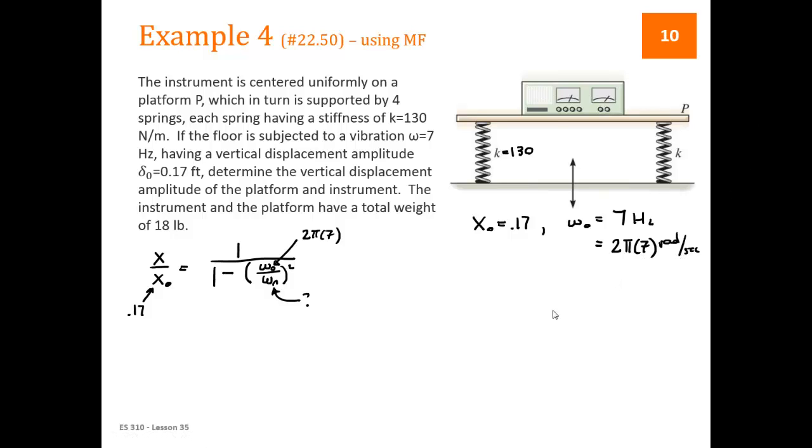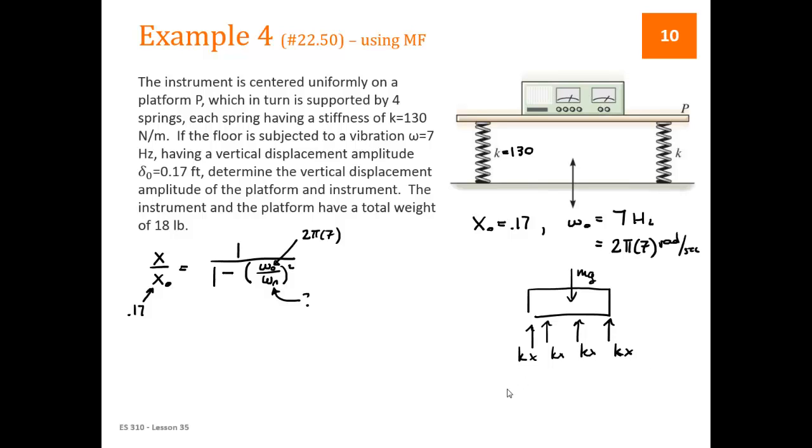So this is the free body diagram. We've got a box. We have 4 forces acting on the box. All of those forces are kx, right? Because we have 4 springs, and all of them see the same displacement. And we have mg, but mg is going to be canceled out by the initial displacement of the springs.